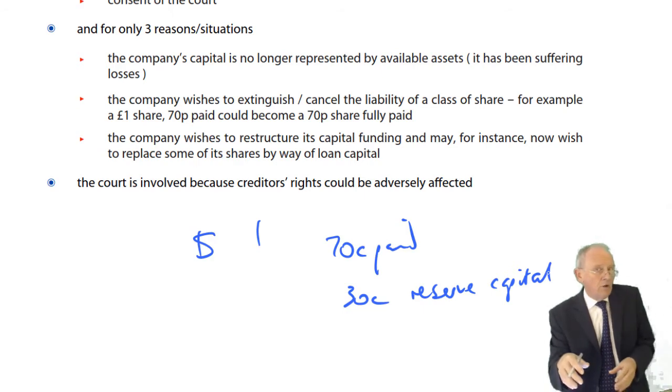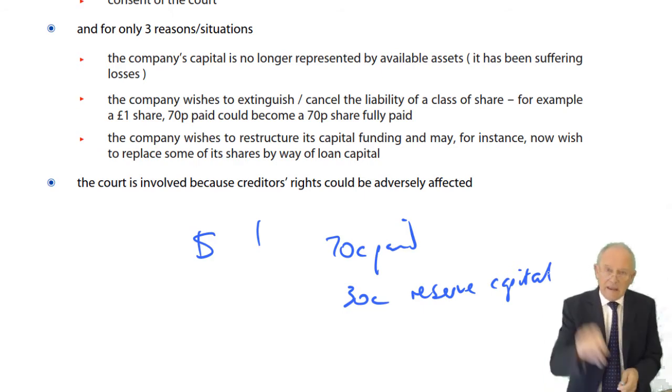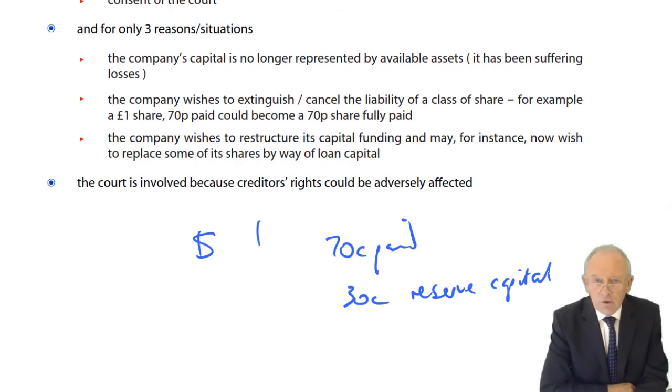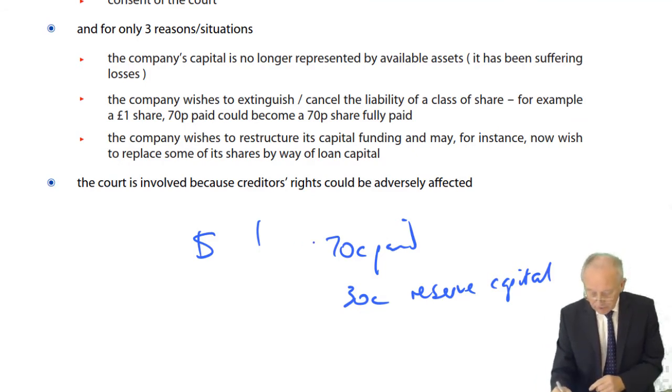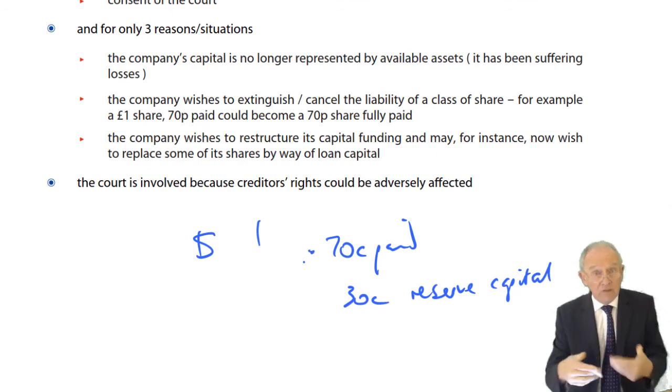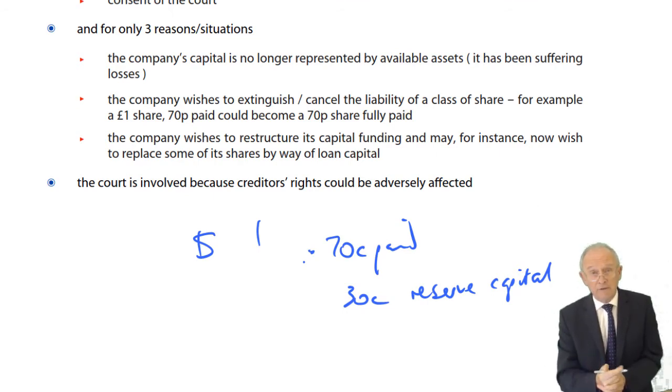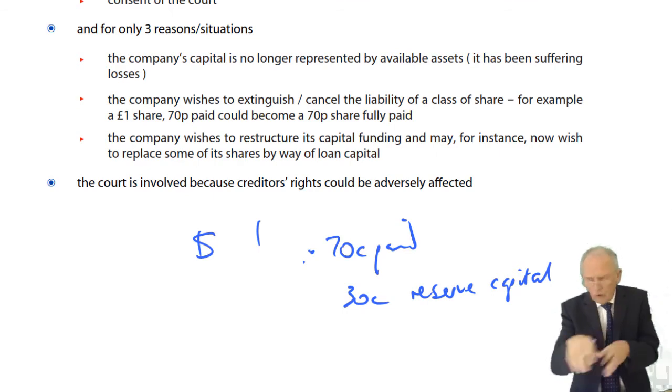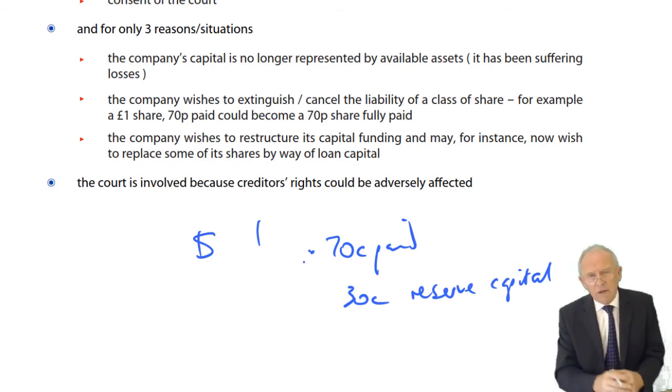And at any time, the company can come along to you and say, hey, you owe us $300. We're going to call up this extra 30 cents that you owe us because you've only paid us 70 cents on this $1 share. So you can be asked to pay this additional amount of nominal value into the company, not just you, all the shareholders, to pay this reserve capital into the company.